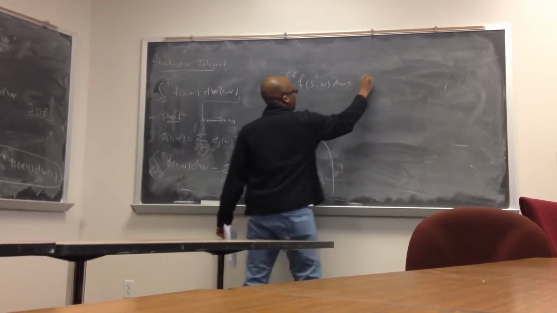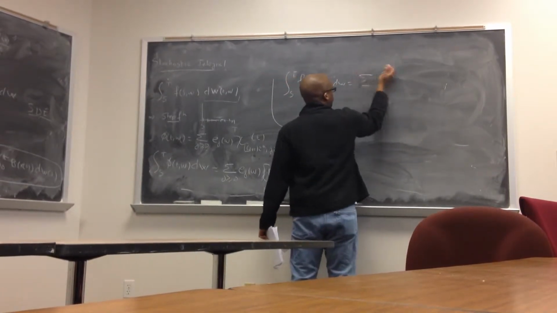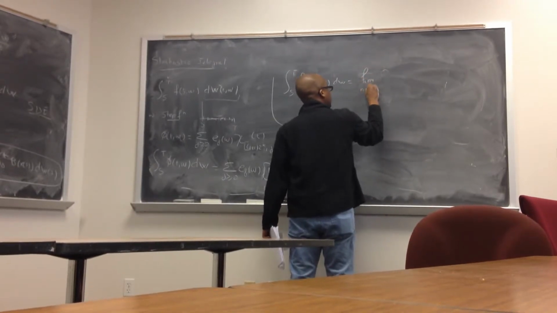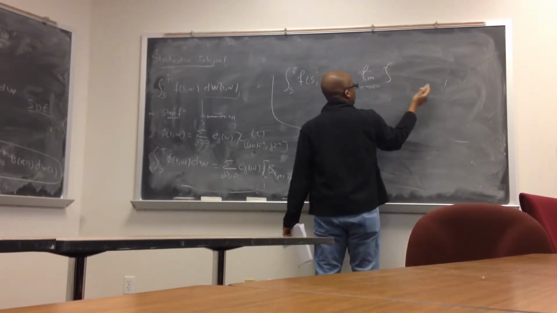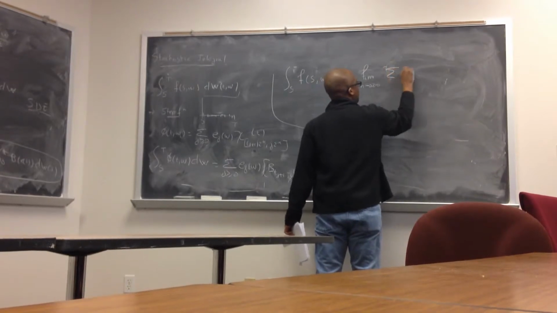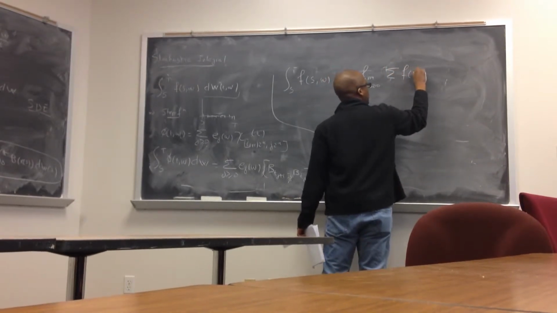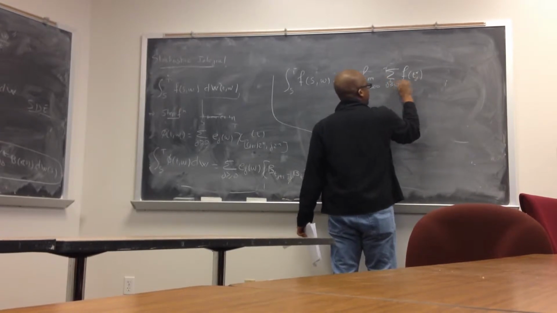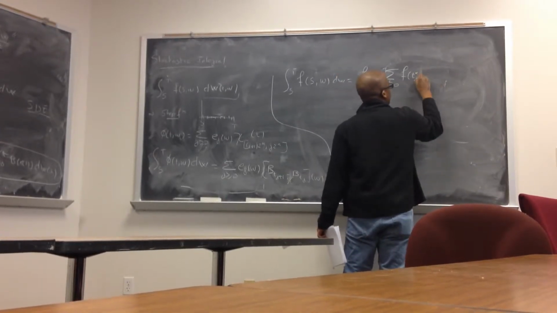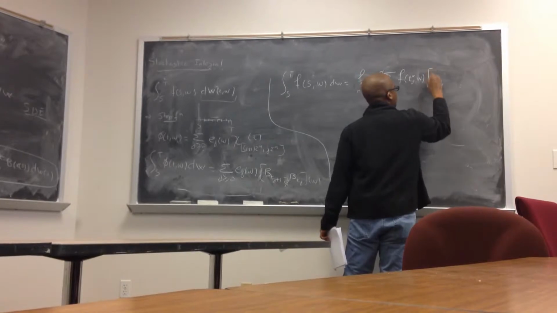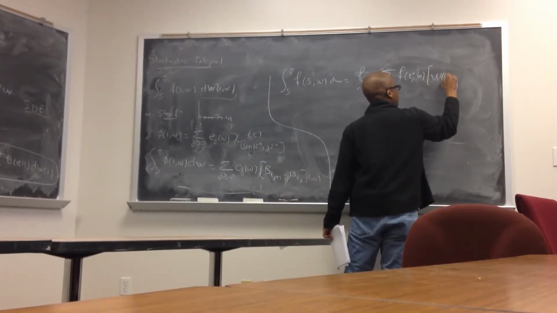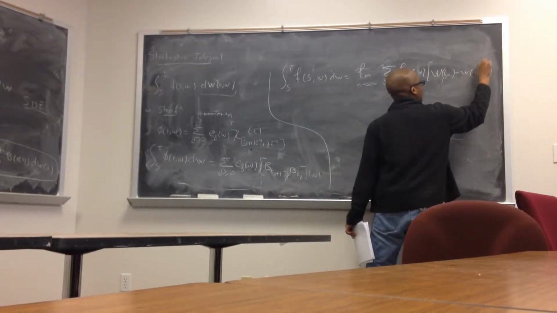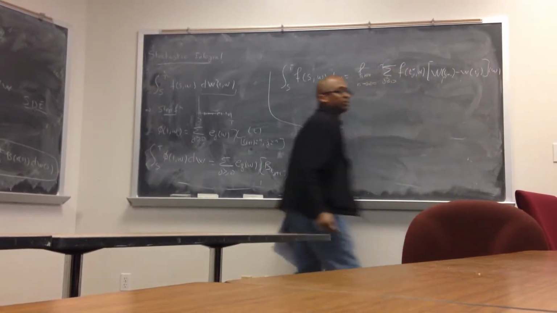And now you can write that as a limit, the limit when n goes to infinity of a summation of f(t_j) times W(t_{j+1}) minus W(t_j).